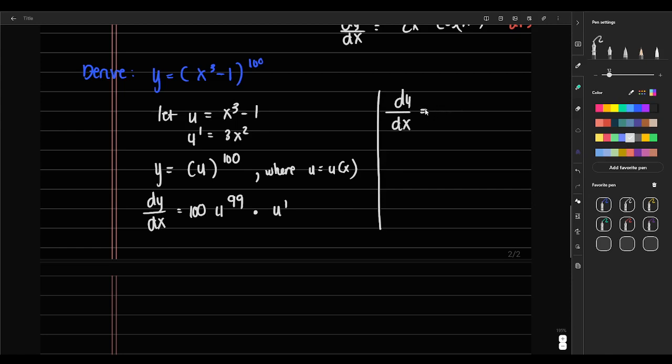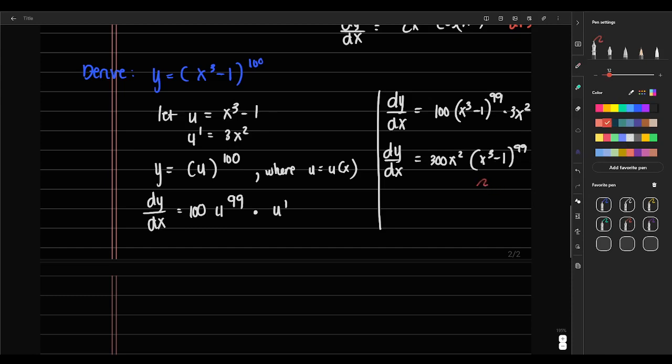So dy over dx, or y prime, is equivalent to 100 times the value of u, which is x cubed minus 1, exponent 99, and the derivative of u, which is 3x squared. Simplifying, your dy over dx gives us 300x squared times x cubed minus 1 with an exponent of 99. Okay, answer.